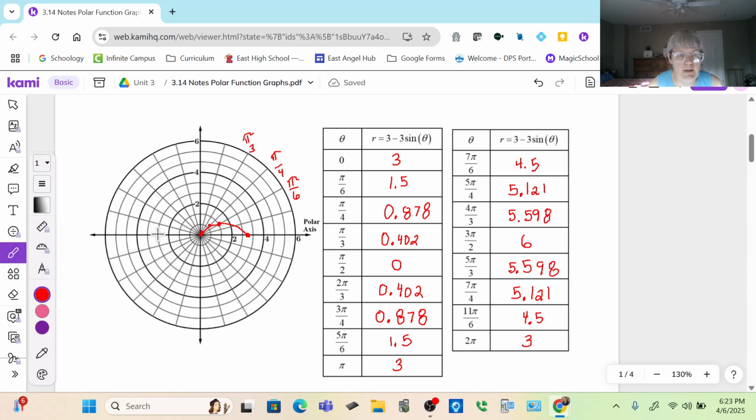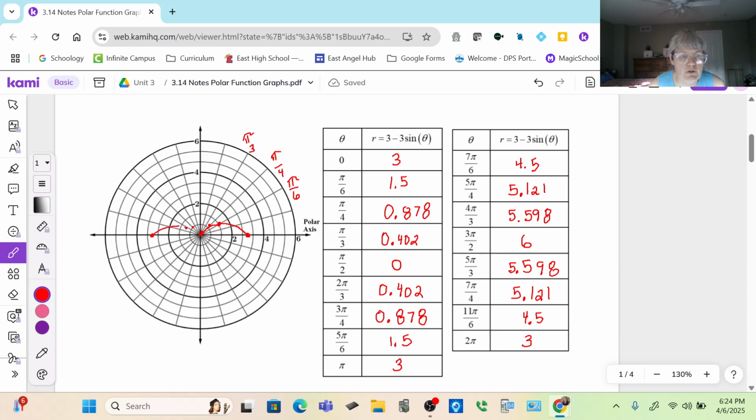So at pi, we have that radian measure of 3. And at pi over 4, it was almost 1, so 3 pi over 4 is almost 1. And we were at 1.5 at pi over 6.